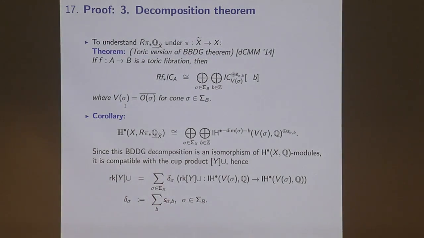Okay? And as I said, you have this closed formula. So the rank of cupping with Y is now given by this sum over some multiplicity times this rank on the individual pieces of intersection cohomology. The delta sigma is nothing but the total multiplicity.